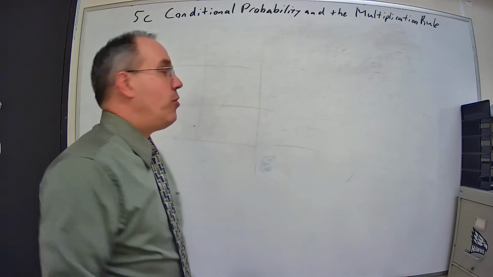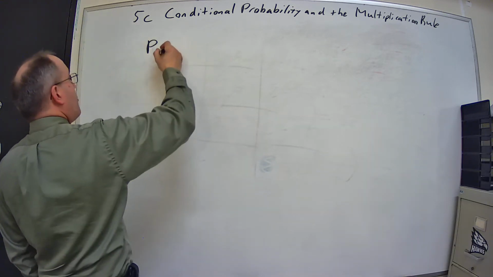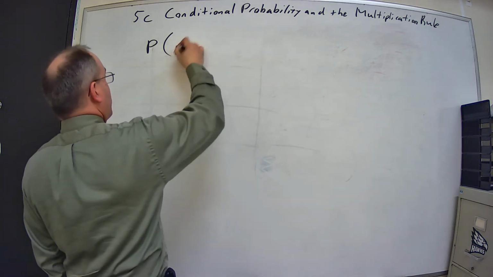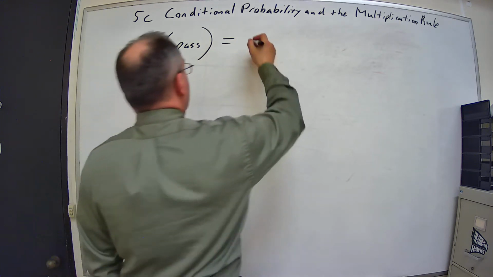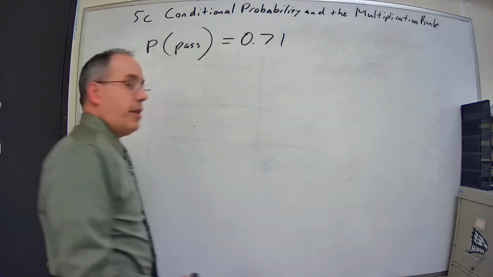What if we know the probability of passing this class is 0.71?